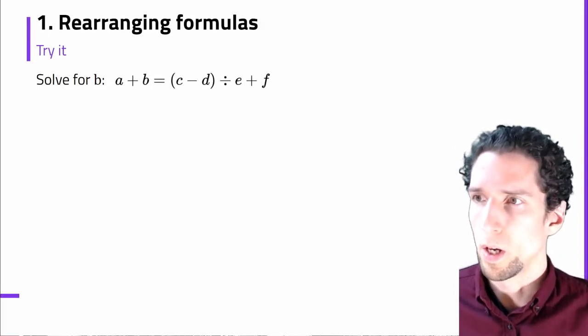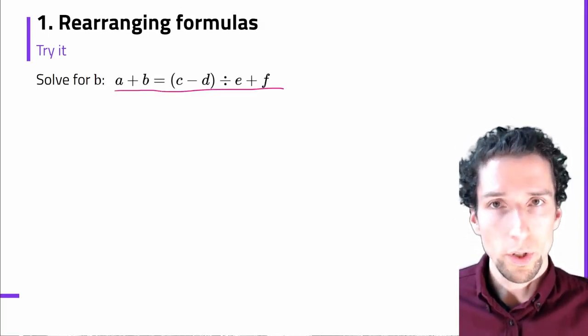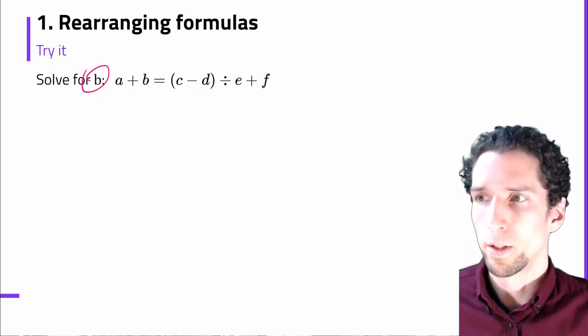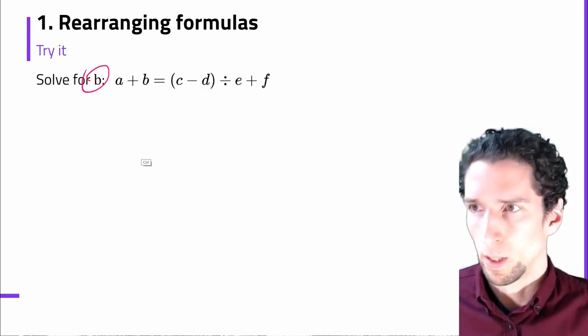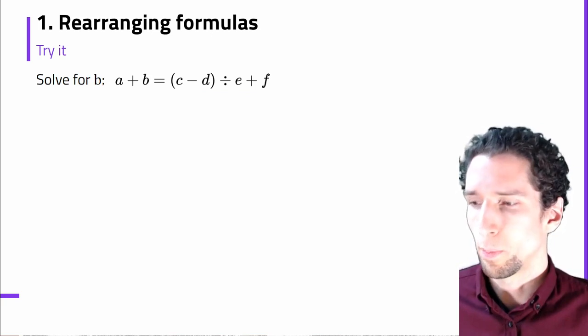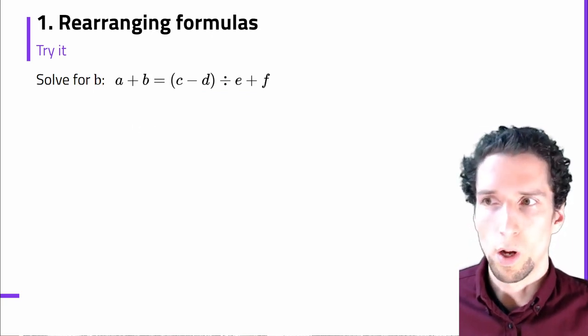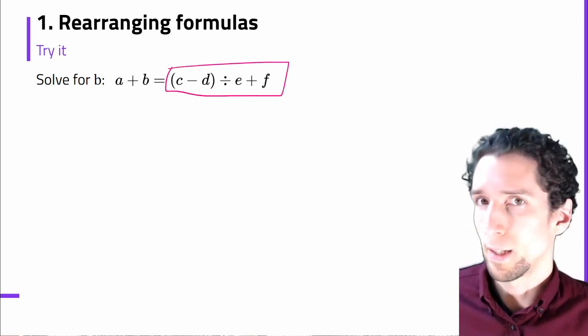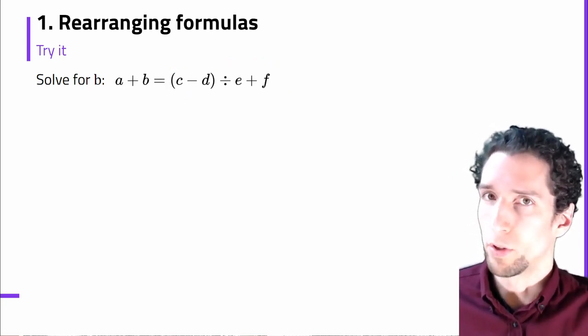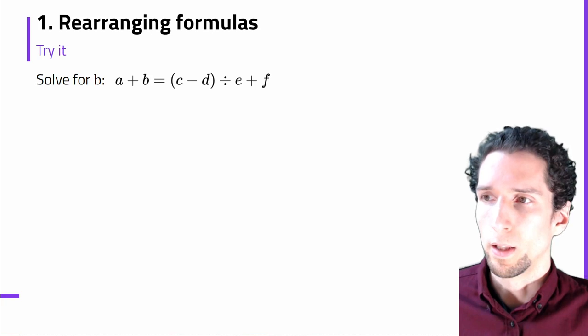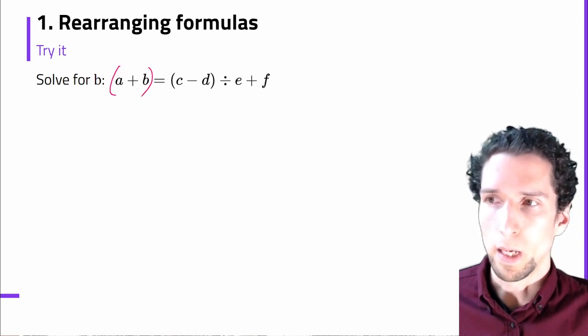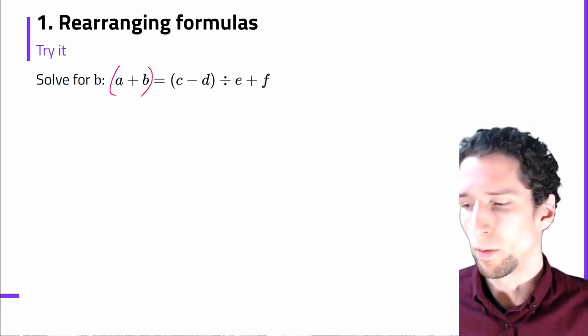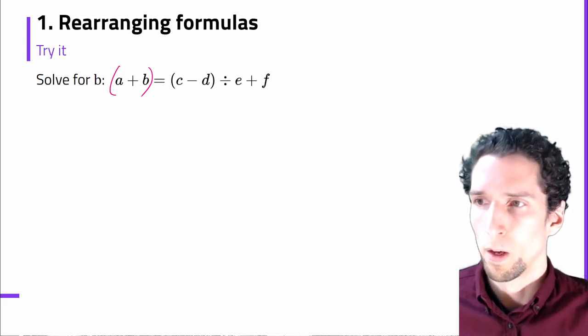So exact same original thing, but we're trying to solve for B. This one's actually pretty easy. All the stuff on the right is already isolated from B. We don't have to touch that. The only thing that we have is this A plus B here. So we just move the A to the right and we're done.